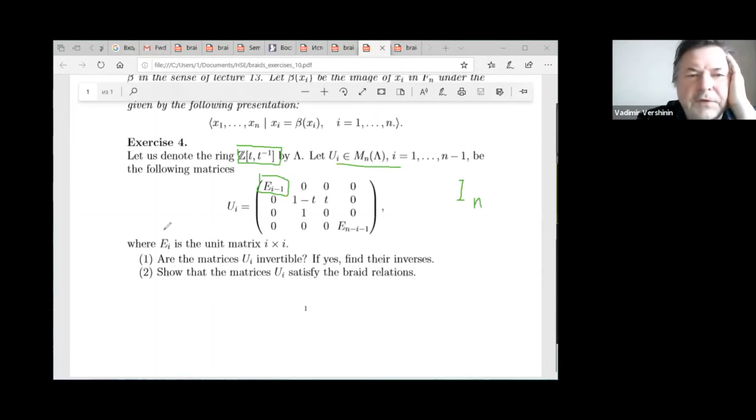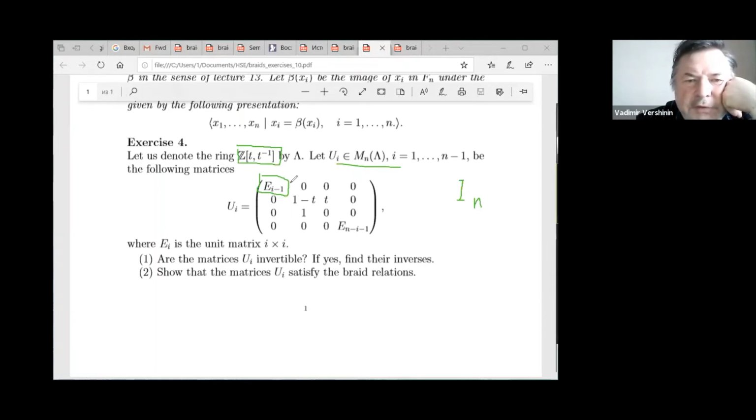You consider polynomials of positive degree and negative degree. So it's a little bit larger ring than our ring Z.